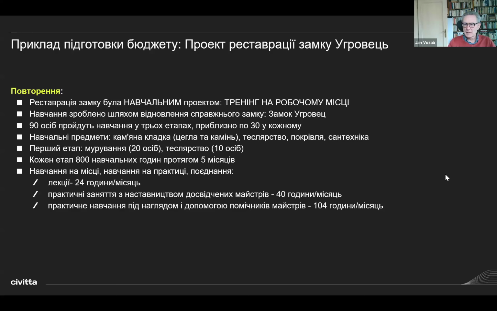So the name of the castle is Castle Uhrovec. It's in Slovakia. It's a real castle, standing about 3-4 kilometers from the small village of Uhrovec. And the castle restoration is a training process.